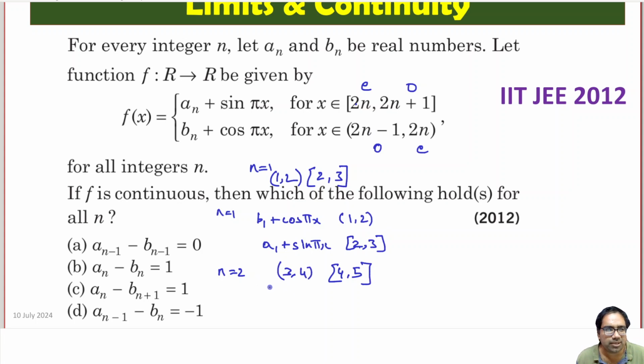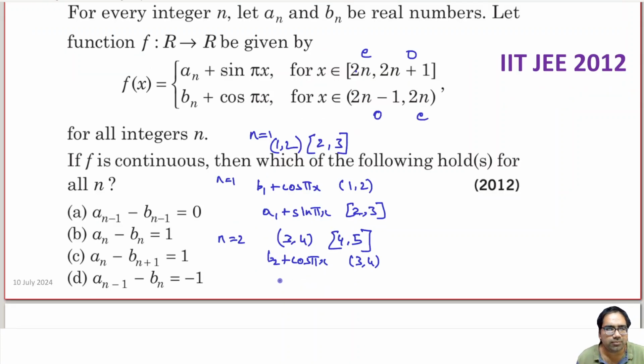Then this becomes b2 plus cos pi x between 3 and 4, and a2 plus sine pi x between 4 and 5. Right. It goes like this. On closed intervals starting with an even number, it is sine, and on open intervals starting with an odd number, it is cos. It goes like this.